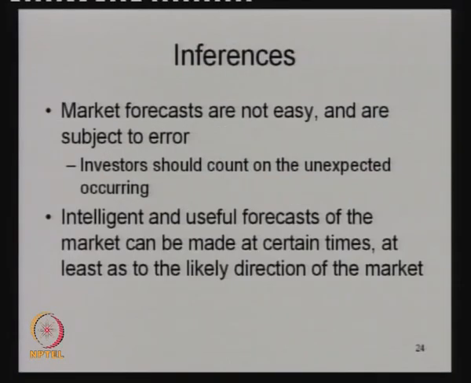Then coming to the next thing, what we ultimately conclude from the discussion is that market forecasts are not easy and are subject to a lot of error. So, forecasting has to be done by the investors, by the analysts, by the economists, but errors are also possible. One should be ready for the errors that are going to happen. You may forecast something, but ultimately something else may happen. So, those errors are expected. One has to take that in stride and go for economic analysis.